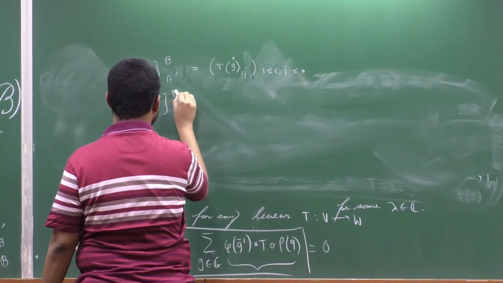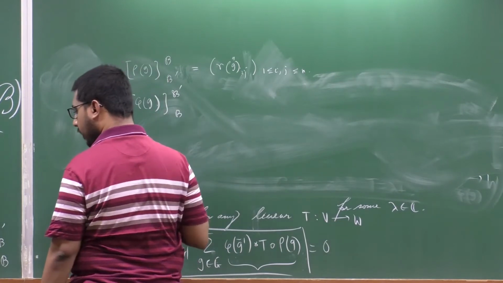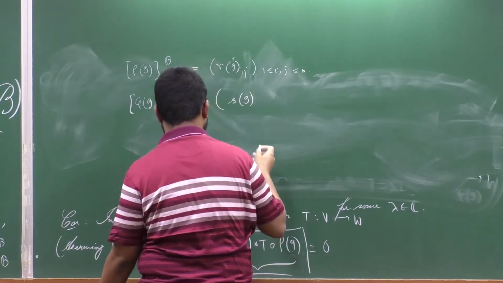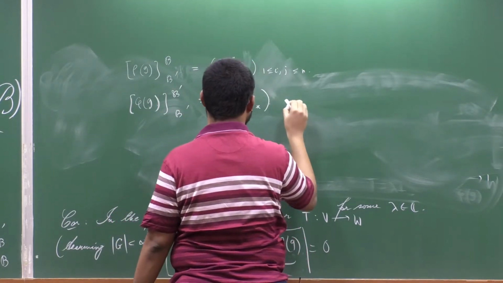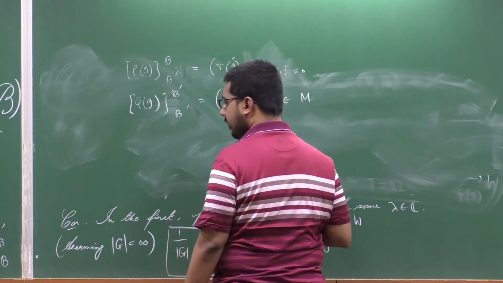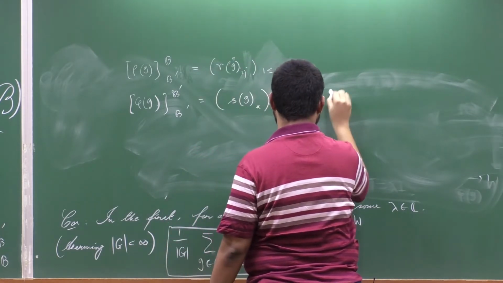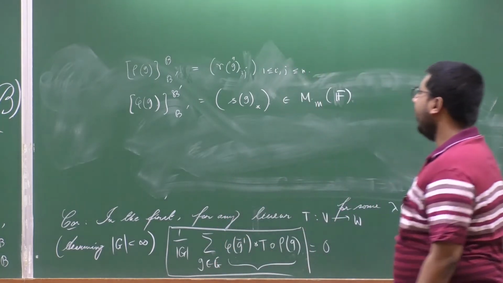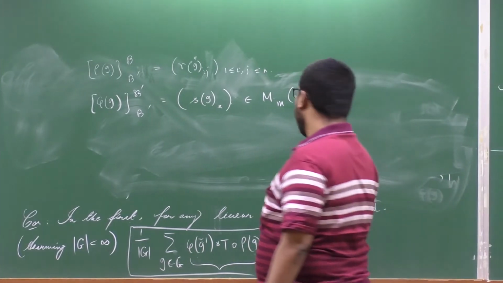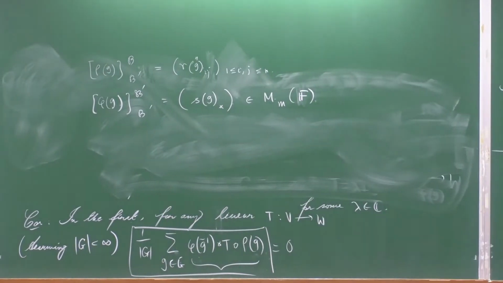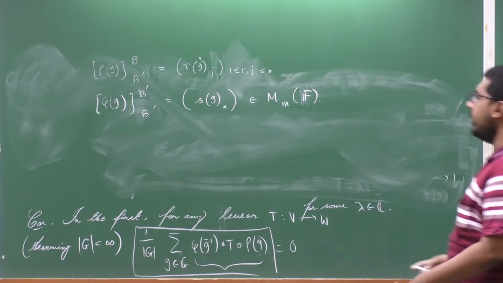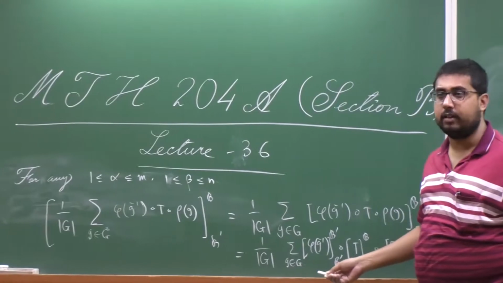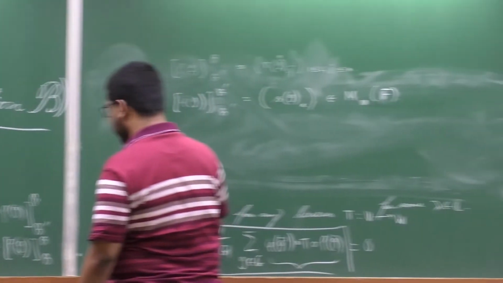Similarly, this is also a matrix, this is an m by m matrix, and T is already determined by this. So now we are ready to compute the entry at the alpha beta position. Let me write down the matrix.